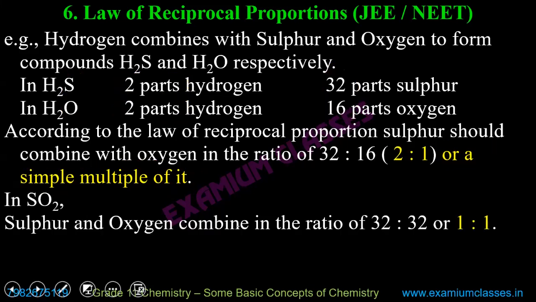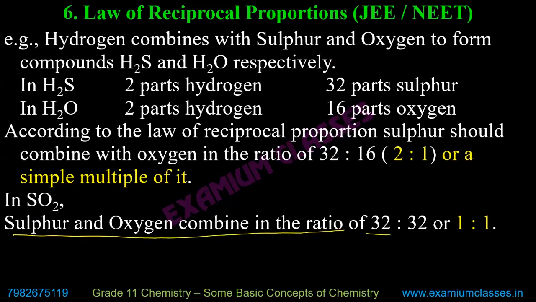In SO2, sulfur and oxygen combine in the ratio 32:32, because sulfur atomic mass is 32, oxygen 2 into 16, again 32. So the ratio here is 1:1.